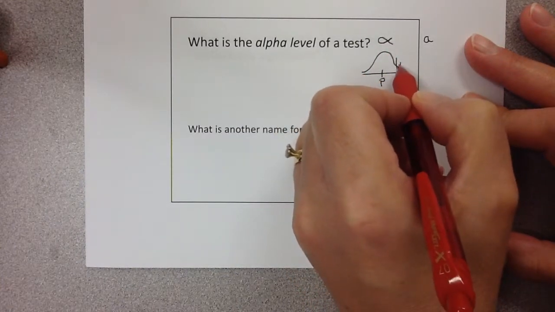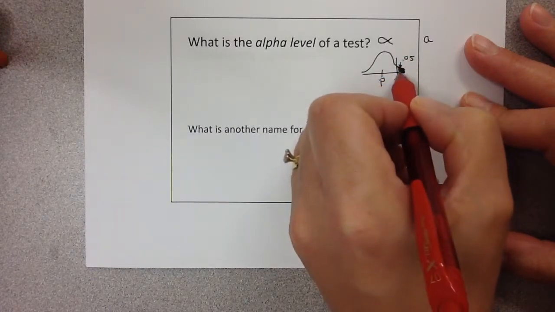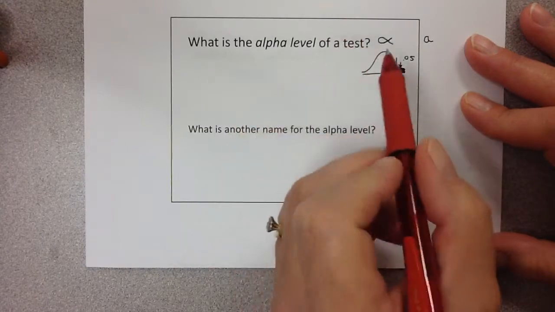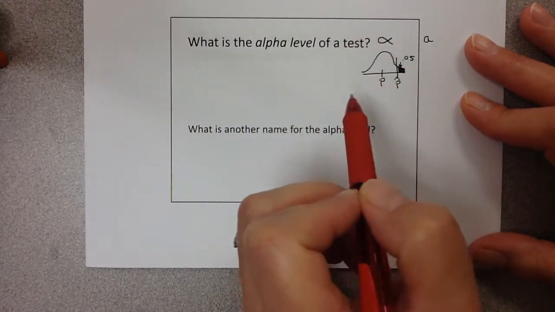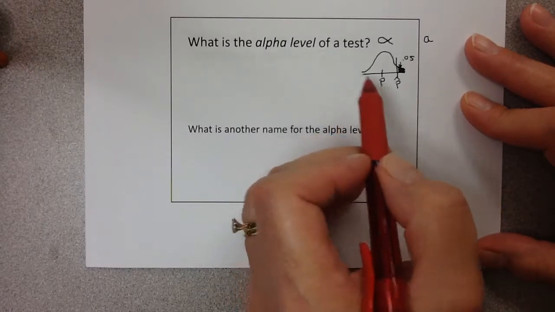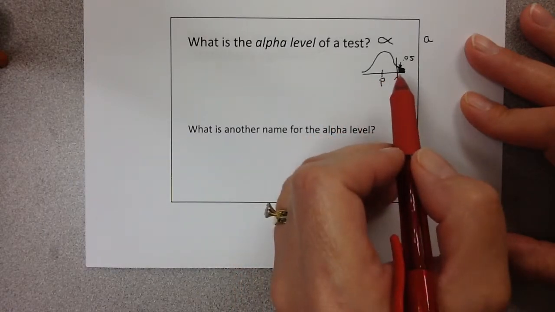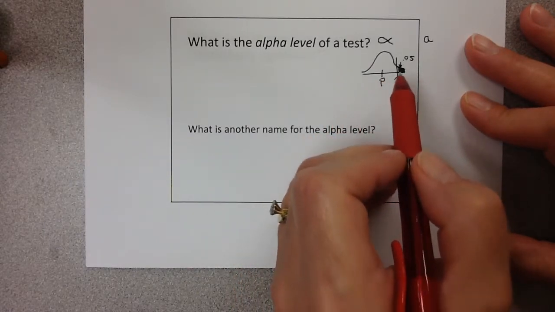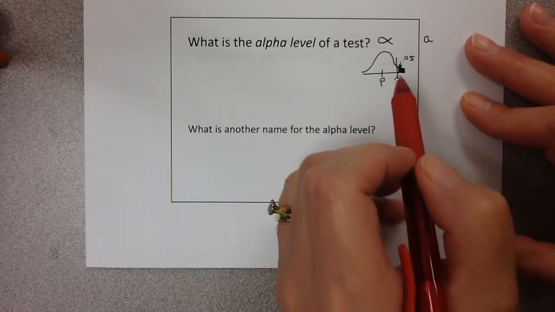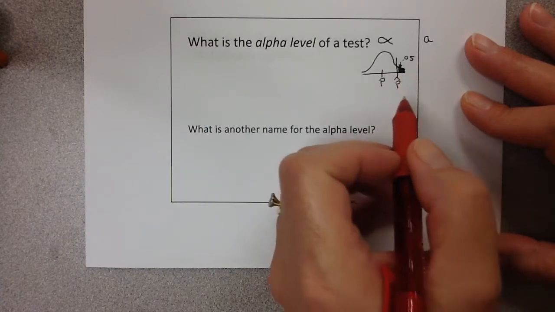So if there's, say, 5% of area here, we would say that our alpha level is 5%. So it's whatever cutoff we define for how we're going to reject that null hypothesis. We've been using 5%, but this is really flexible. We could use 5%, we could use 10%, we could use 2%, we could use 1%. So it's a choice unless we're told otherwise.